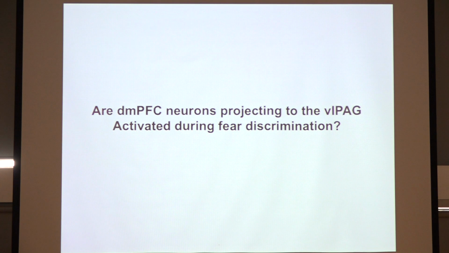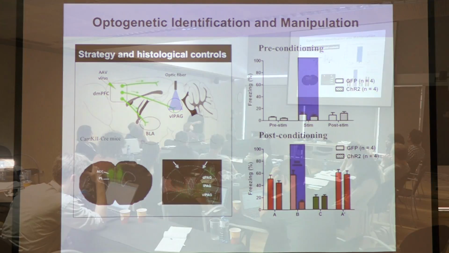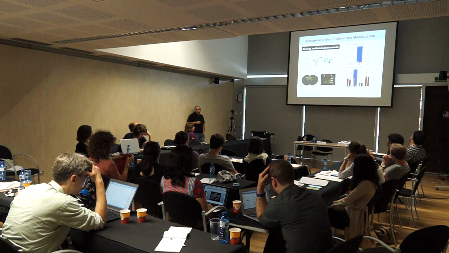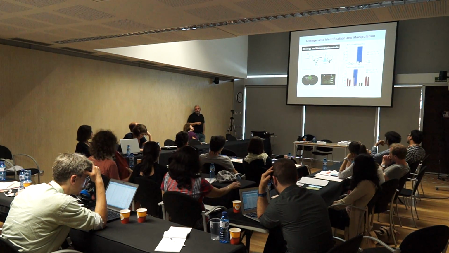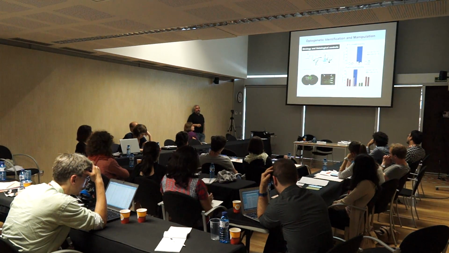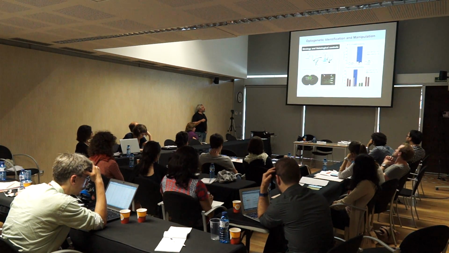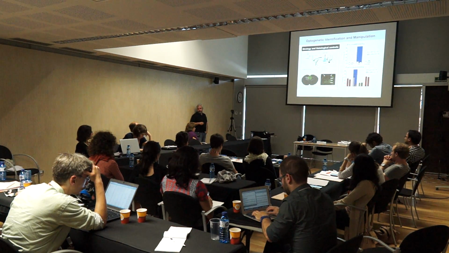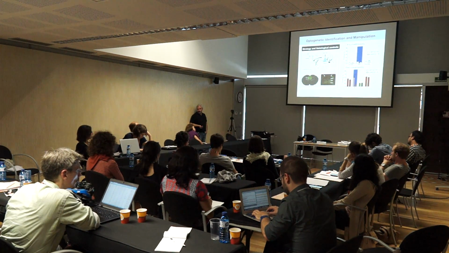Okay, so I will come now to an important question in terms of optogenetics. This is the strategy that a lot of people have been using in the past, that you infect neurons and you manipulate the fibers in the target structure. There is one strong limitation of this approach, is that you may also activate fibers that are not ending in the structure, but that just pass by the structure and end up in a different structure.